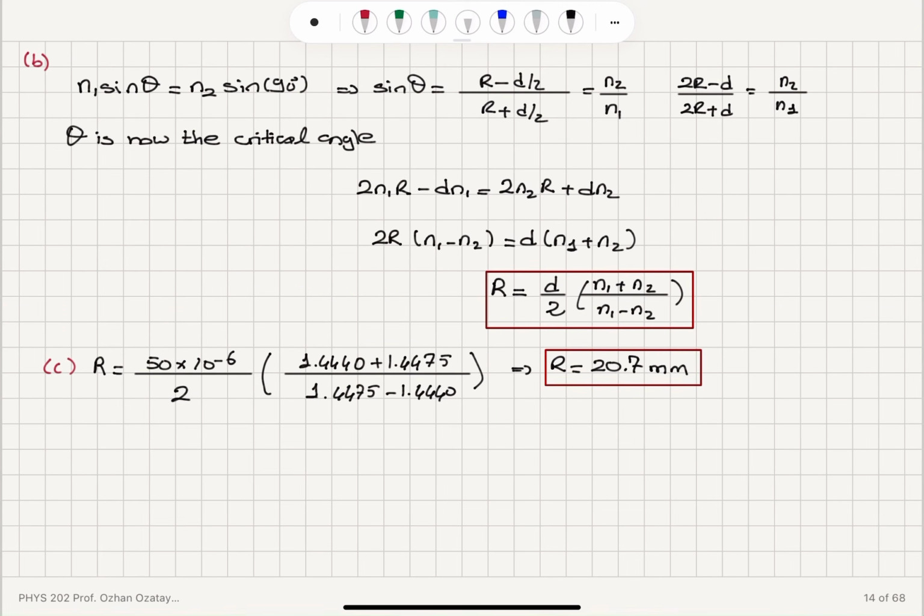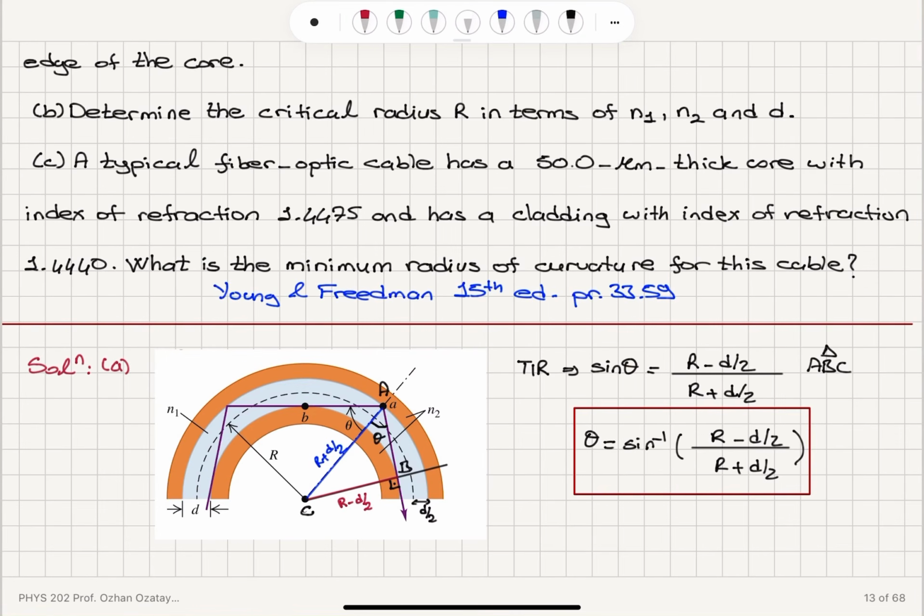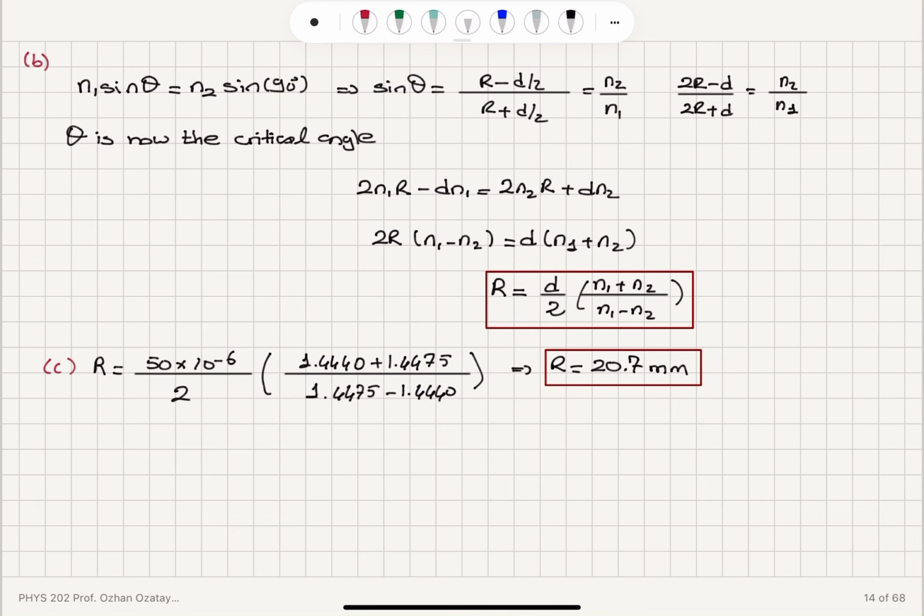So this is equal to n2 over n1, giving us R equals d over 2 times n1 plus n2 over n1 minus n2. If we substitute d equal to 50 micrometers and n1 and n2 as 1.4475 and 1.4440, we find the critical radius of curvature is 20.7 millimeters.